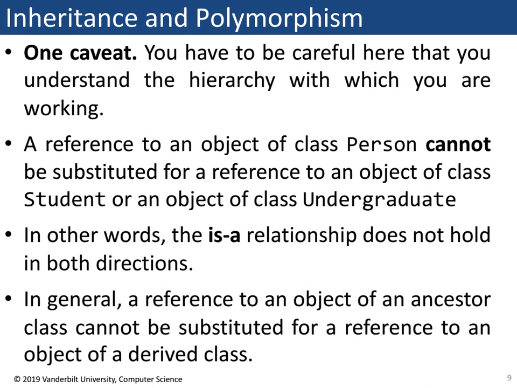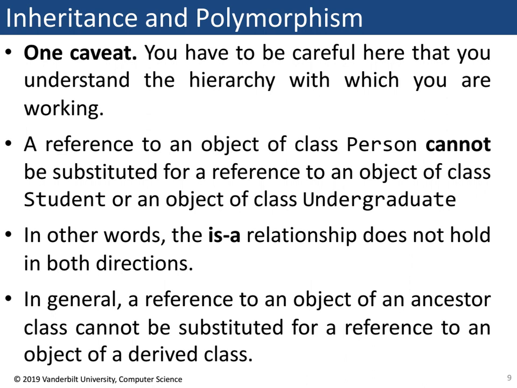So even though we can substitute a student object into anywhere we want to make use of a person object, we can't substitute a person into any situation where we expect a student. And the reason is, if you think about it logically, the is a operator, right? So undergraduate is a student, student is a person, doesn't work in both directions.